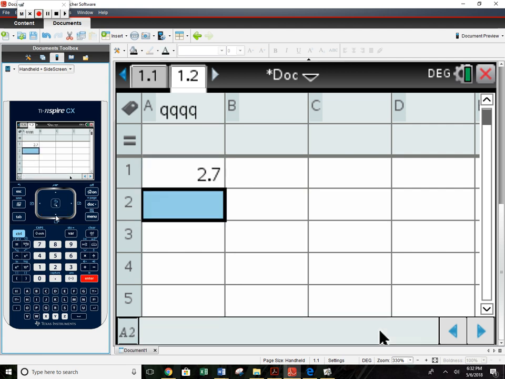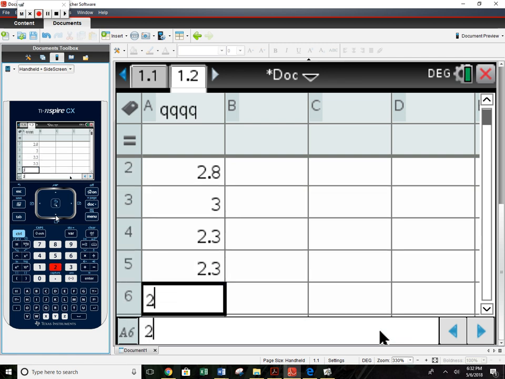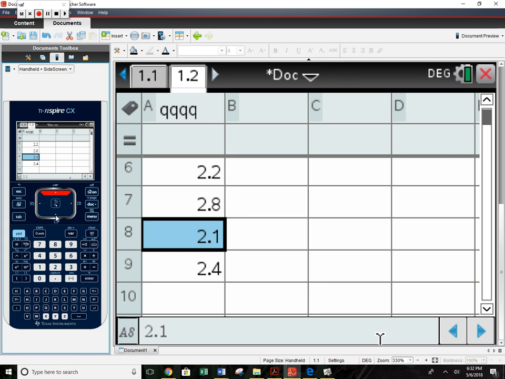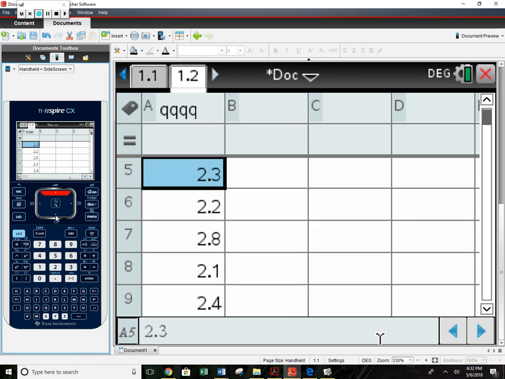So we got 2.7, 2.8, 3, 2.3, 2.3. Okay, you've got to double check it.